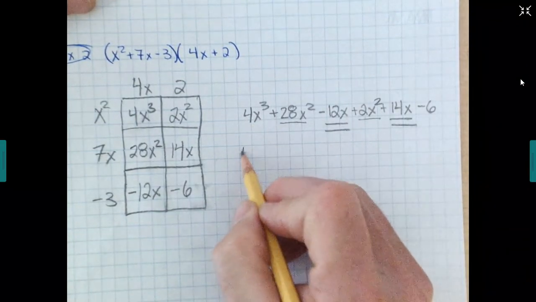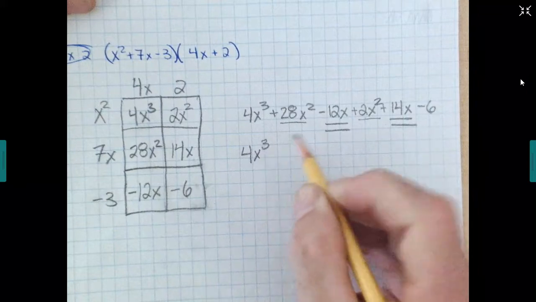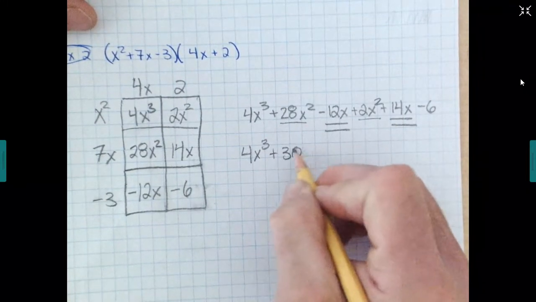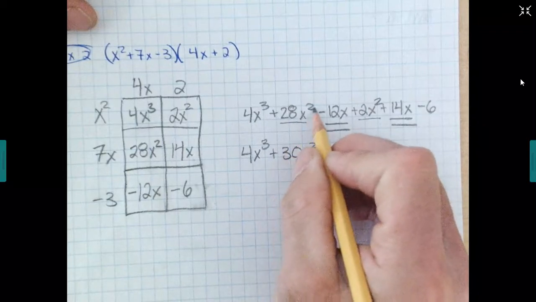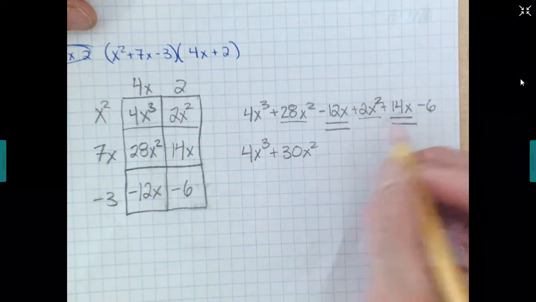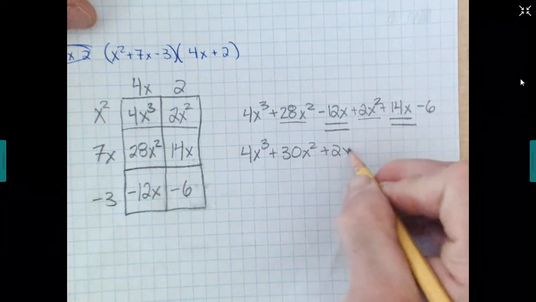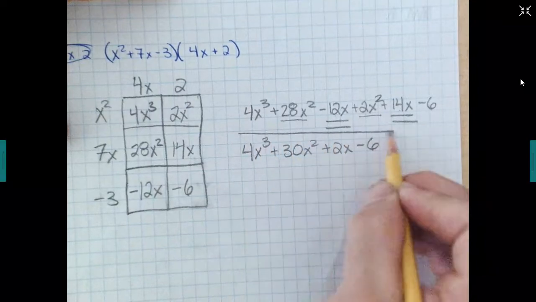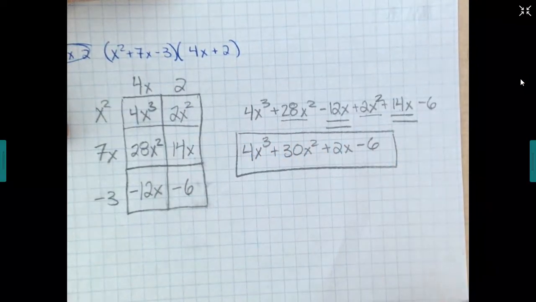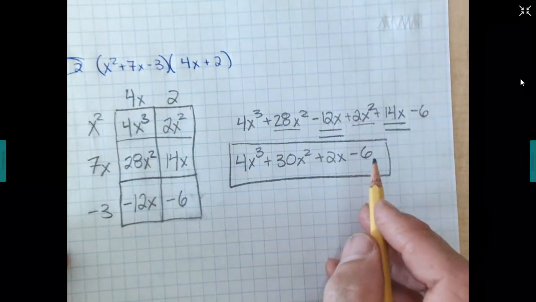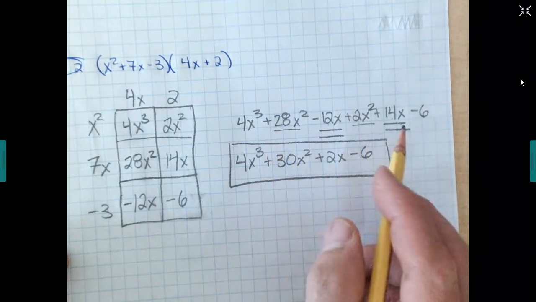So let's go: 4x to the third plus 30x squared, 28x squared plus 2x squared. Negative 12 plus 14 is 2x, minus 6. There's my answer right there. It's my answer in standard form and simplified as much as possible.